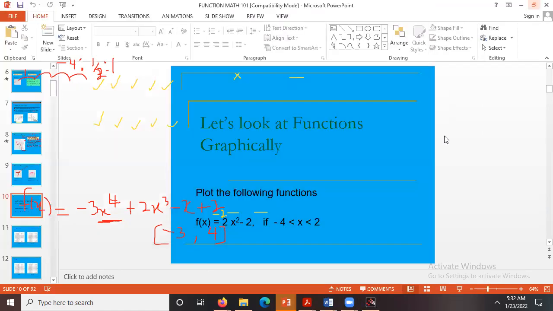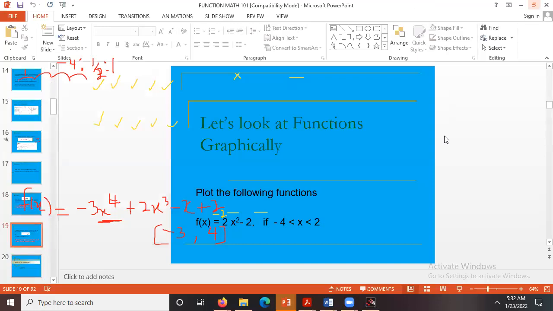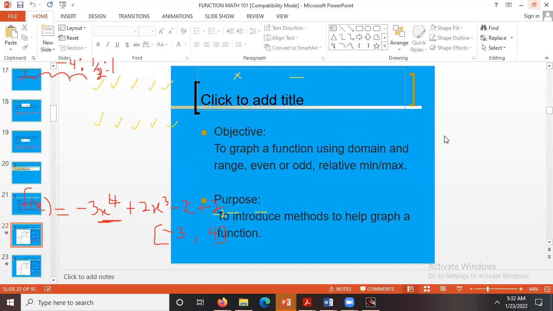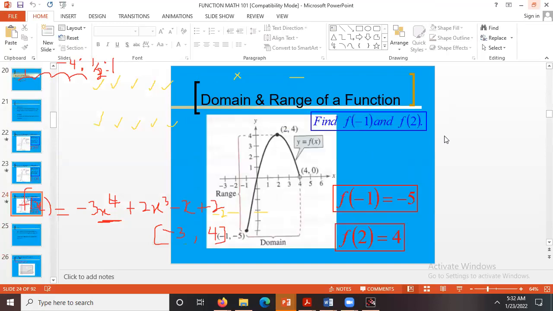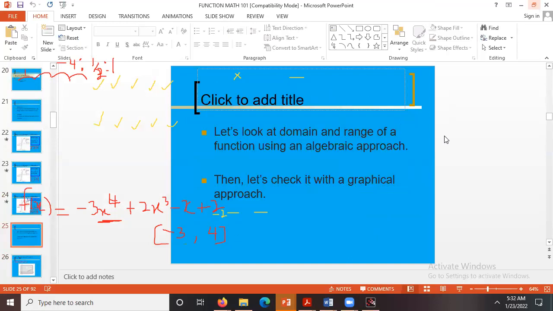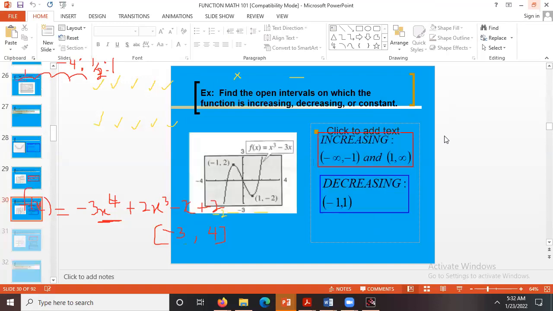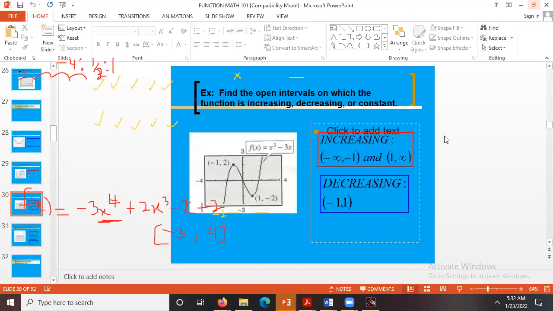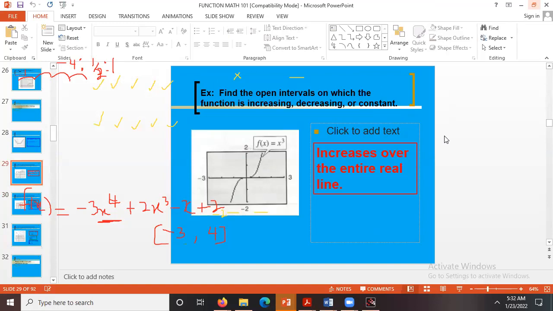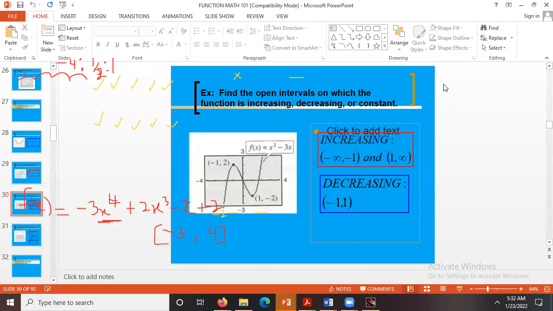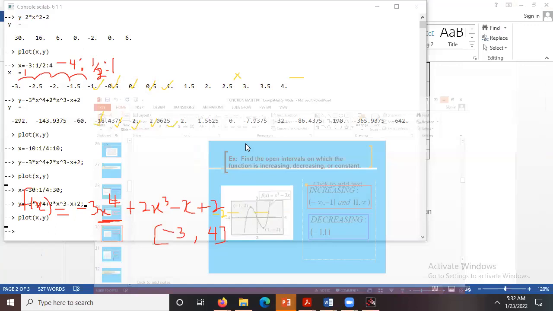I want to plot a polynomial function. So we have a function like this one: x cube, or x cube minus 3x.